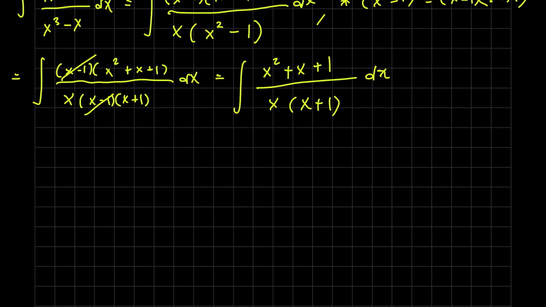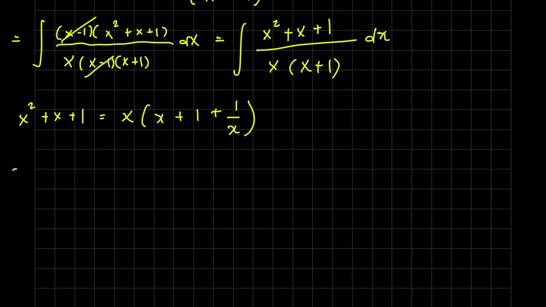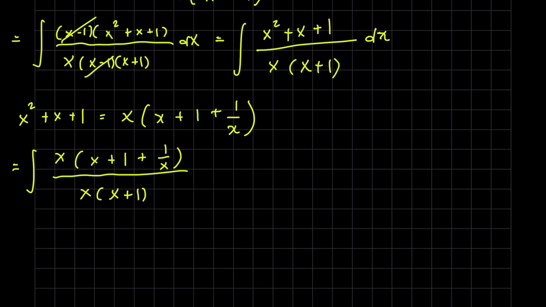From here, I'm going to rewrite x² + x + 1. That's the same thing as saying x times (x + 1/x). So we're going to have the integral of x times (x + 1/x) divided by x times (x + 1) dx.